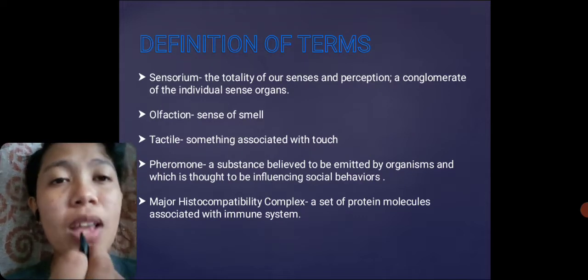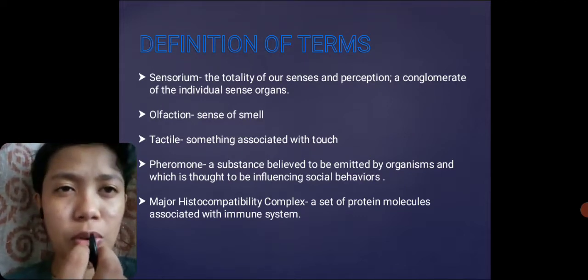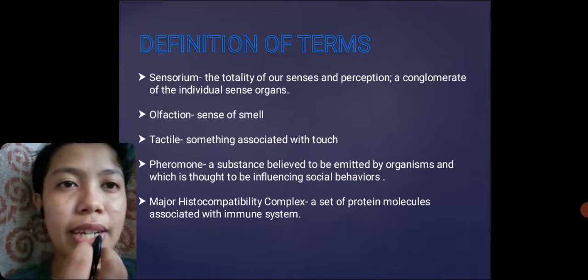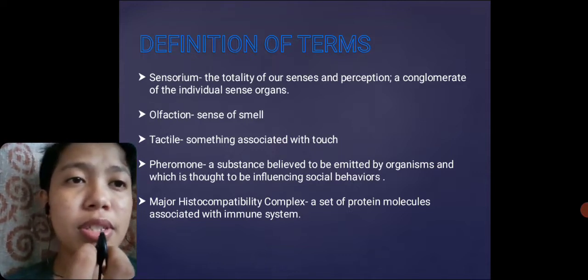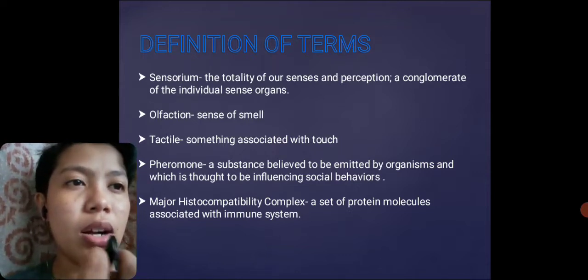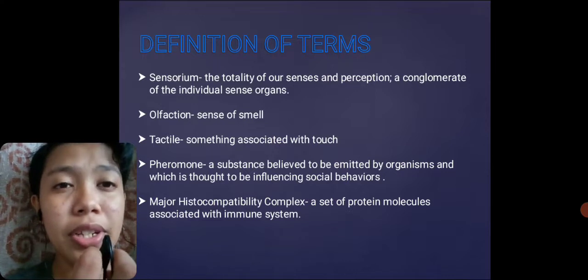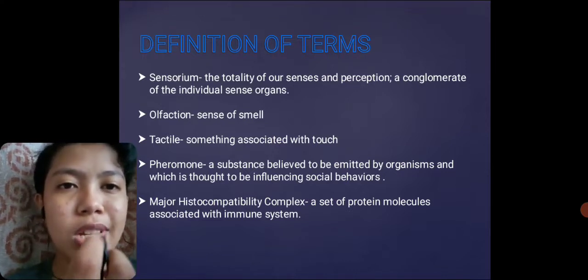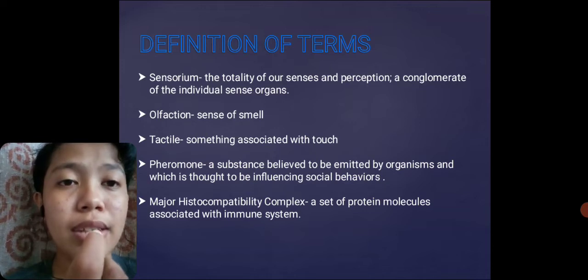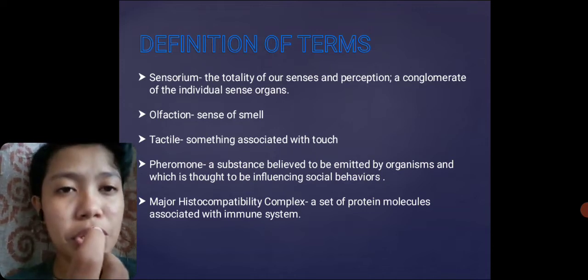First we have the sensorium, the totality of our senses and perception, a conglomerate of the individual sense organs. The next is olfaction, which is the sense of smell, already self-explanatory. We have tactile, something associated with touch.